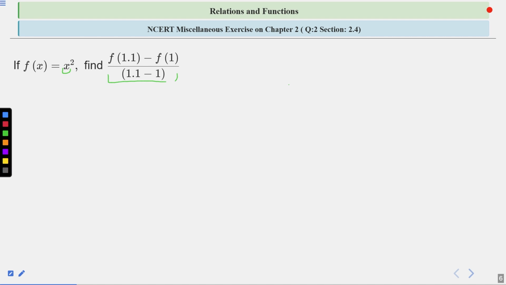Quite simple problem. You will have some seconds to try this problem, then afterwards we will move on to the solution slide. So your time starts now. The time is up.